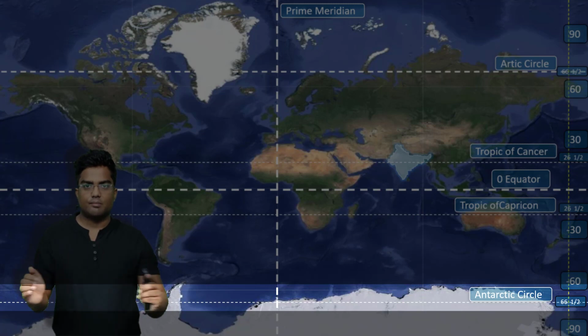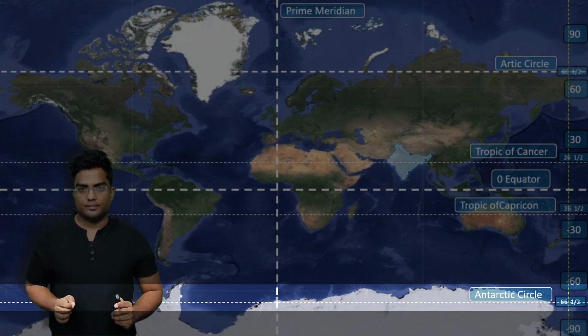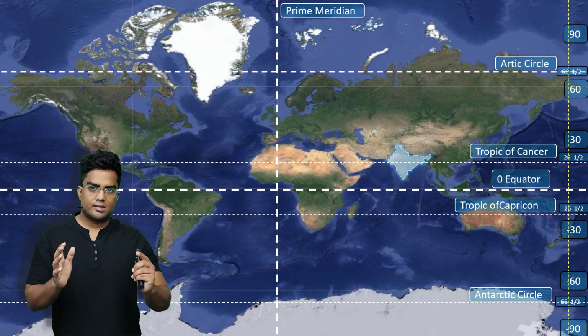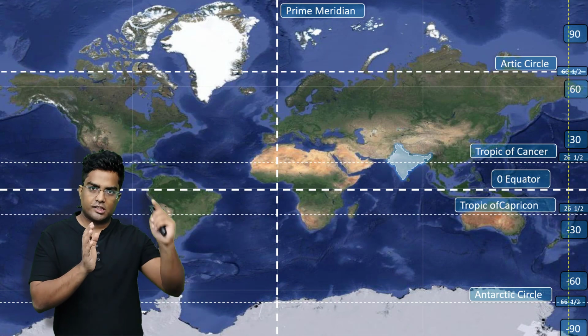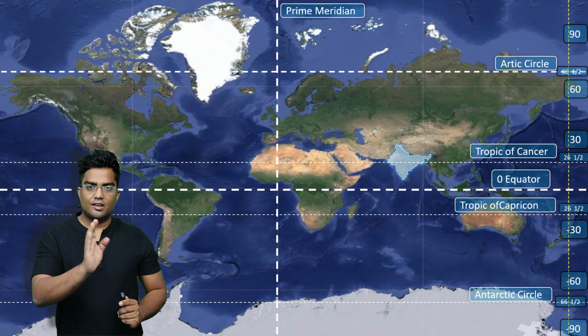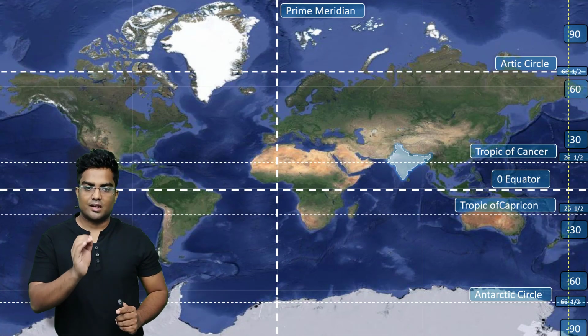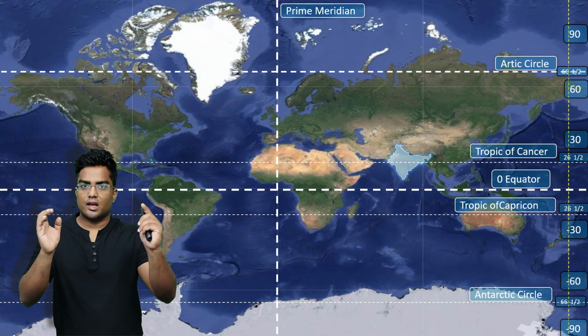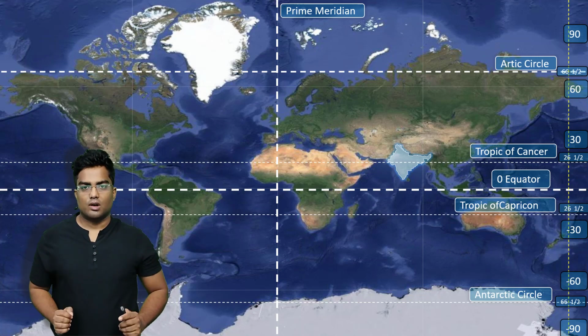The Antarctic Circle basically passes through parts of Antarctica. So what's so interesting about these lines? These lines essentially follow the sun. Again, we are not going to discuss the sun and the relationship between these imaginary lines. Just for the time's sake, understand these are the lines that divide the whole world.